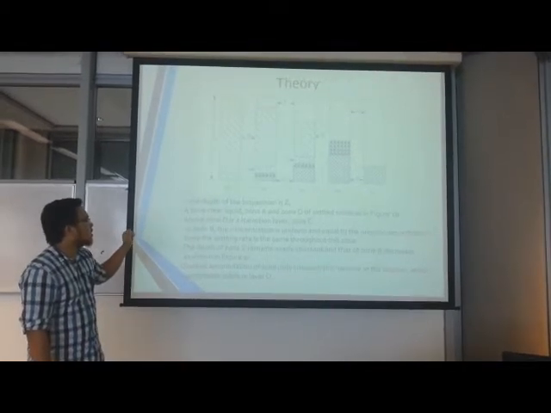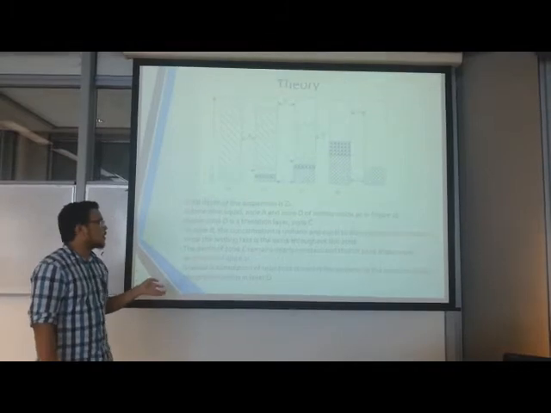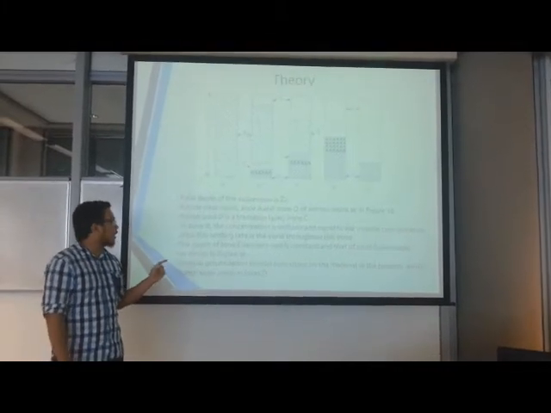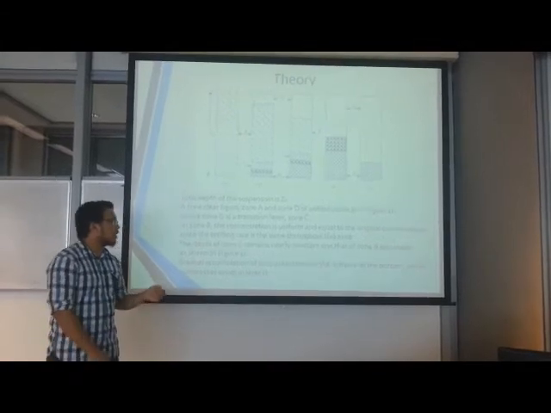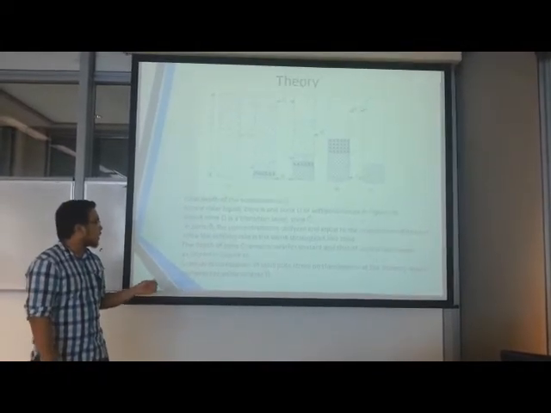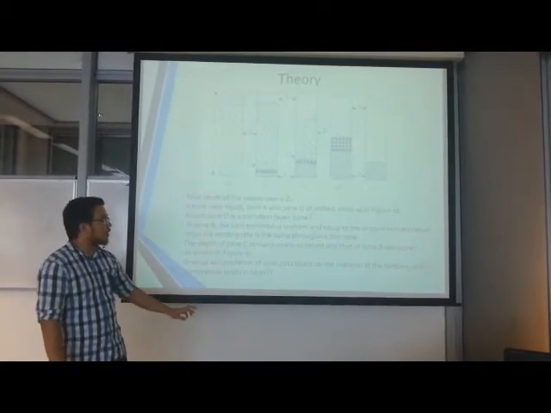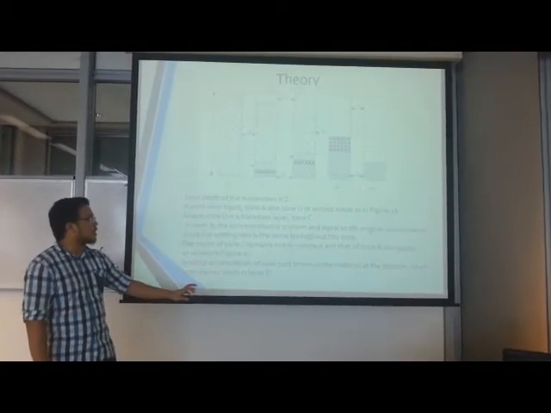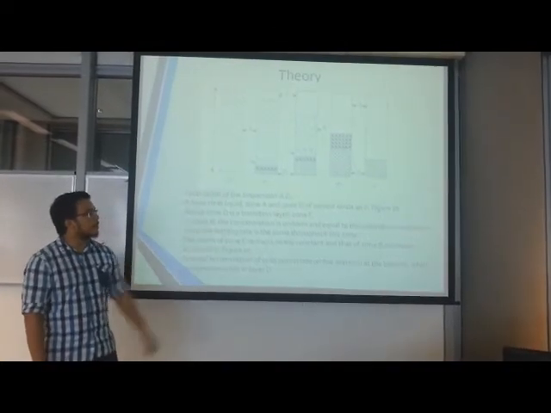In zone B, the concentration is uniform and equal, since the settlement is the same throughout the zone. The depth of zone C remains nearly constant, and that of zone B decreases. The gradual accumulation of solid puts stress on the material at the bottom, which compresses solids in layer D, as can be seen in figure 1E.